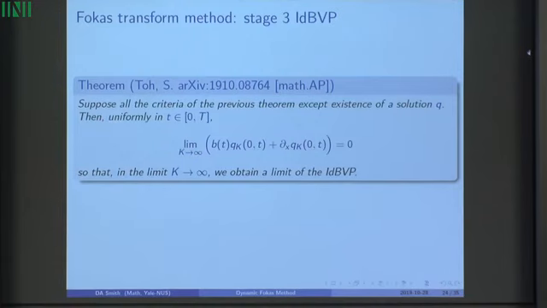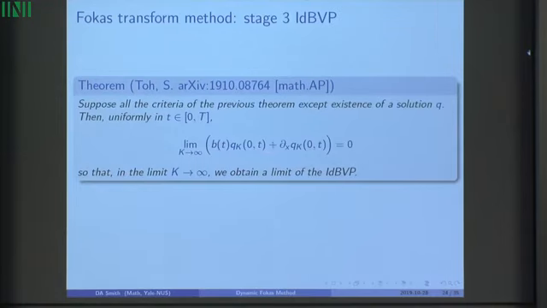For stage 3, we need to suppose all the criteria of the previous theorem, except we're not going to suppose that there exists a solution yet. Okay, so we're just going to have our solution representation, q_k, and you can show that in the limit, uniformly in t, it satisfies the boundary condition.